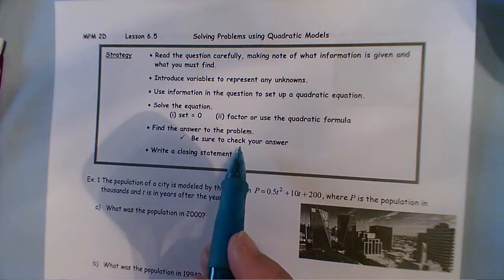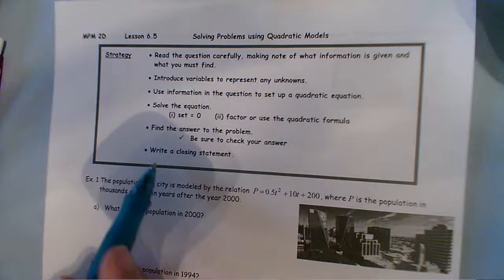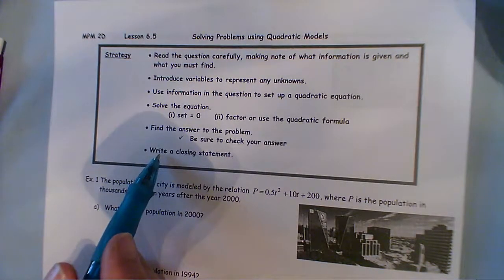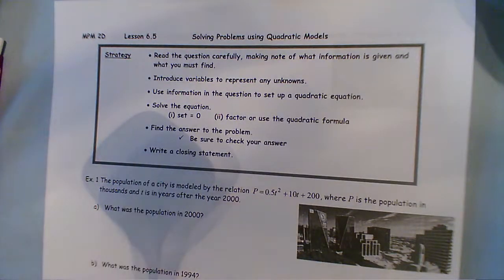Such as if you were trying to find a length and a width to something, so the dimensions of something, negative numbers wouldn't make sense in that context, right? You can't have negative distances. So you would disqualify the negative answer and only accept the positive answers. So take that into account when you write your closing final answer statement, your therefore statement, that you only accept answers that actually make sense in the context of the situation.